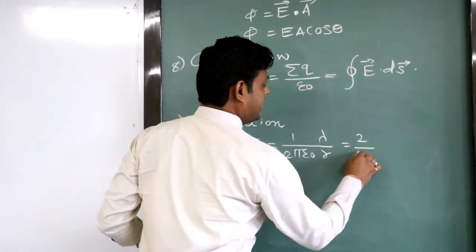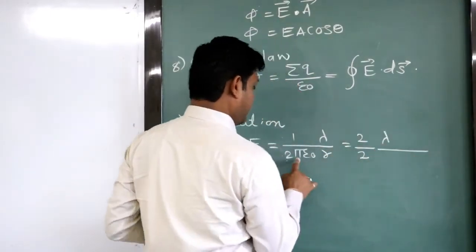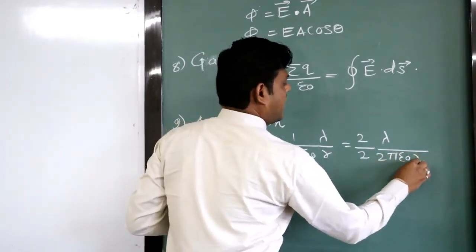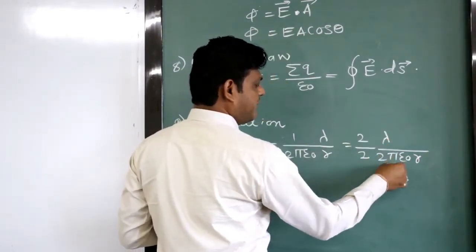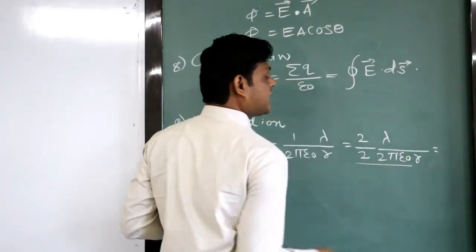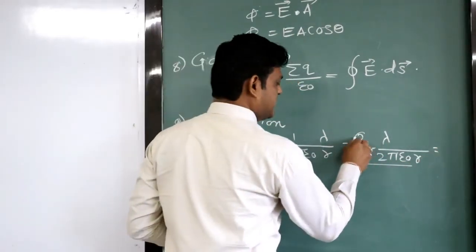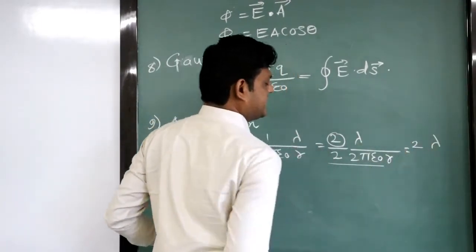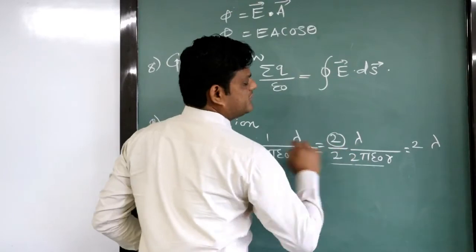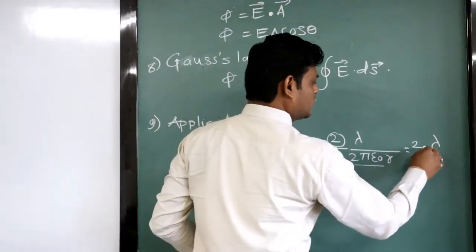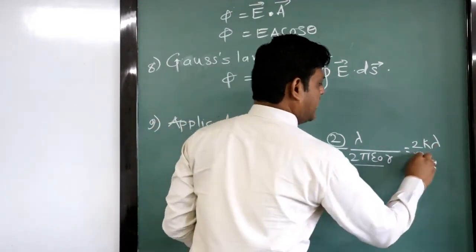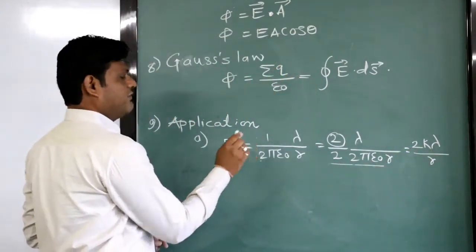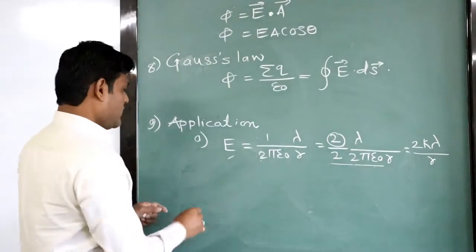See, 2 by 2 lambda divided by 2 pi epsilon 0 r. So this is 1 divided by 4 pi epsilon 0, it becomes k. See, 2 remains as it is, lambda remains as it is, 1 divided by 4 pi epsilon 0 becomes k. So we will write k over here, divided by this r. So 2k lambda by r is also a formula for electric field, right?